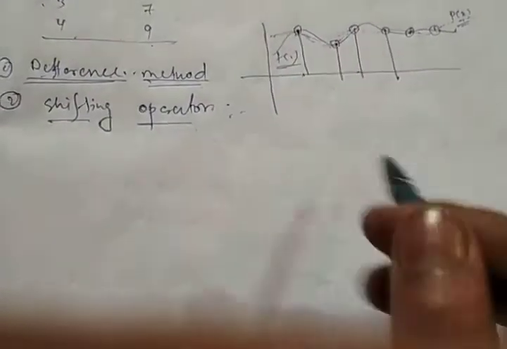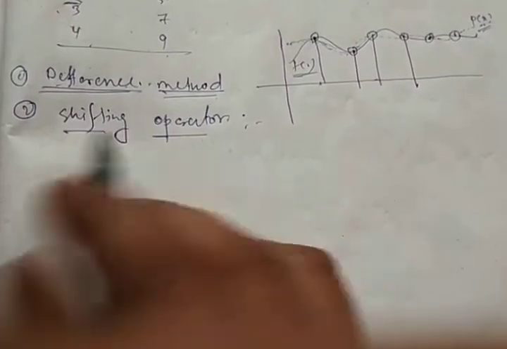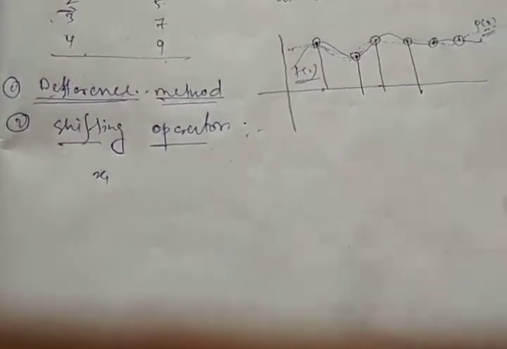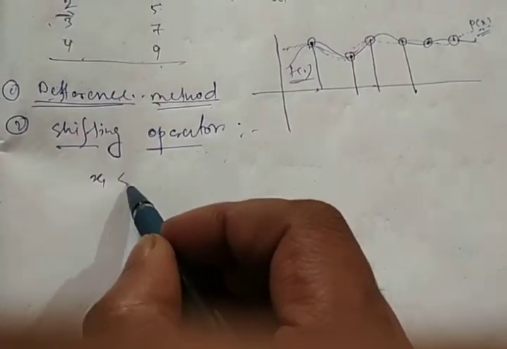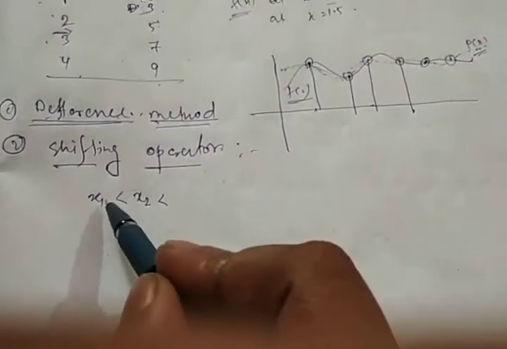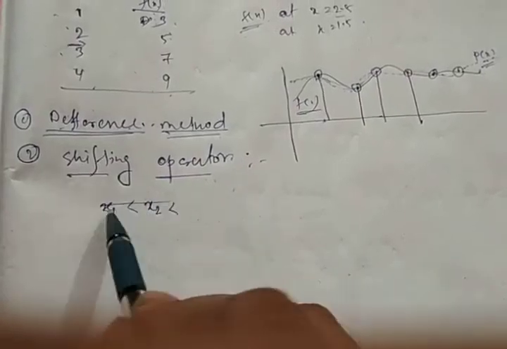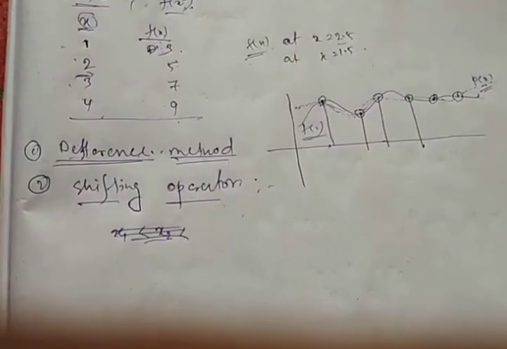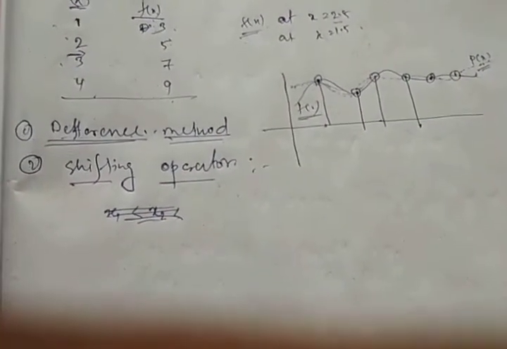Now, the difference method. To find the difference operator and shifting operator, first there are two types of table that can be given. There are two types of entry and two types of argument.